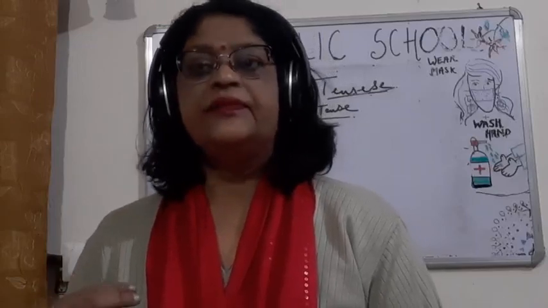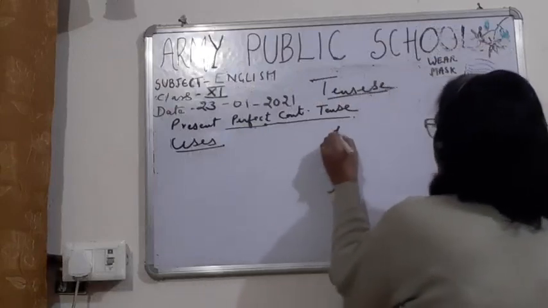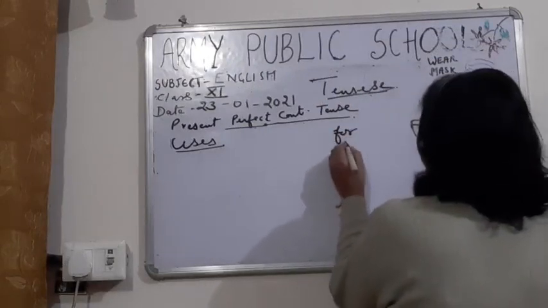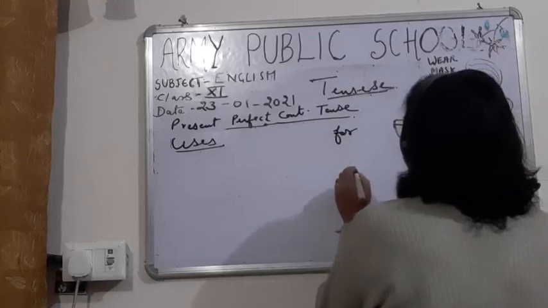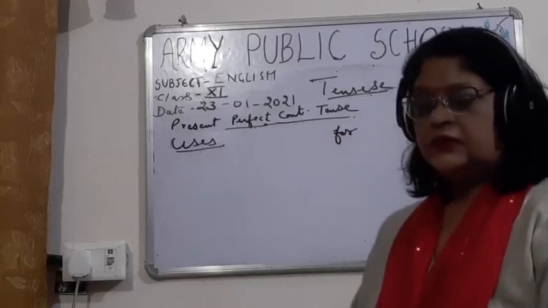Now, first of all, children, understand in this tense, for is used to express a period of time. For example, John has been living in India for 12 years.